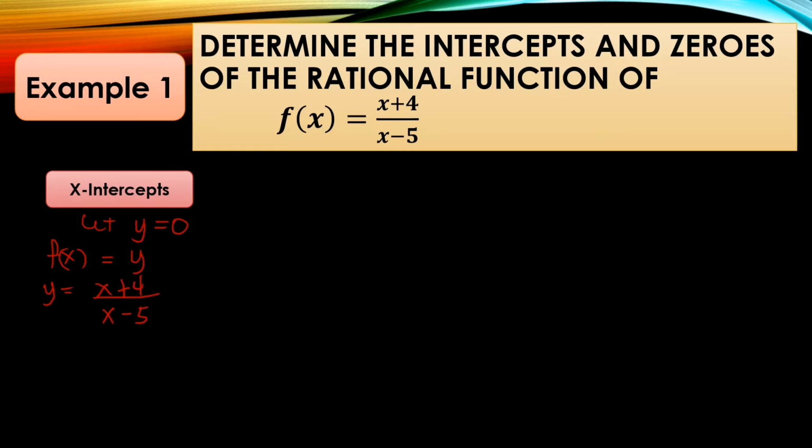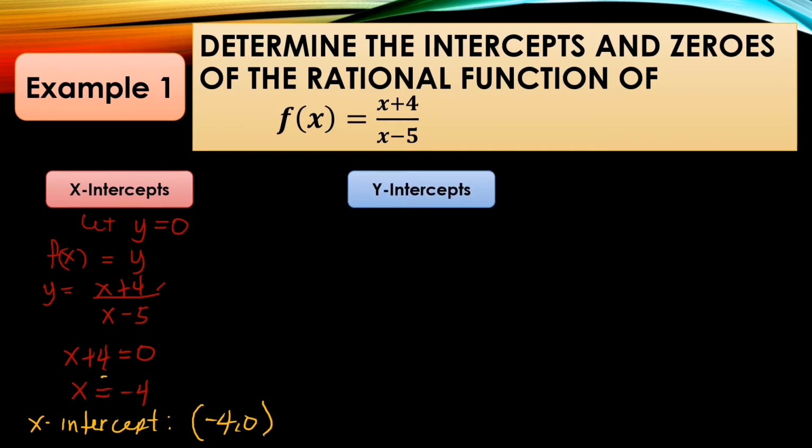And then after that, equate your numerator to 0. So, x plus 4 is equal to 0. So, x is equal to negative 4. So, meaning, the x-intercept is negative 4, 0.